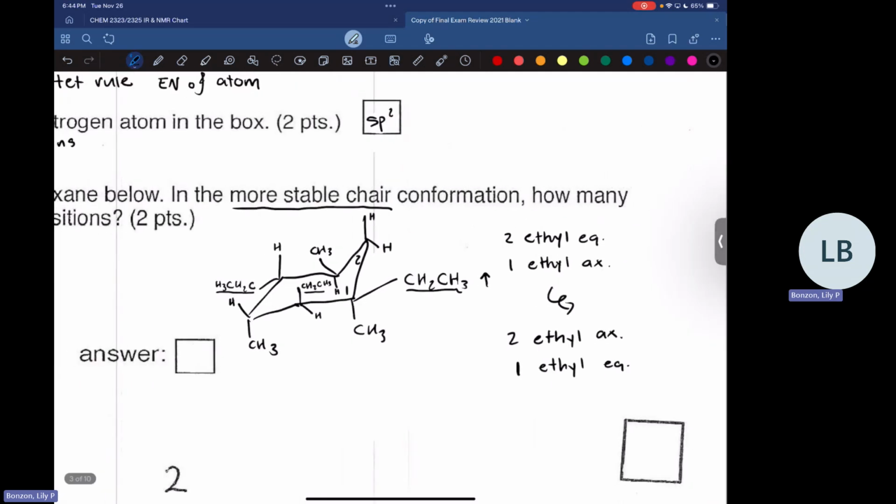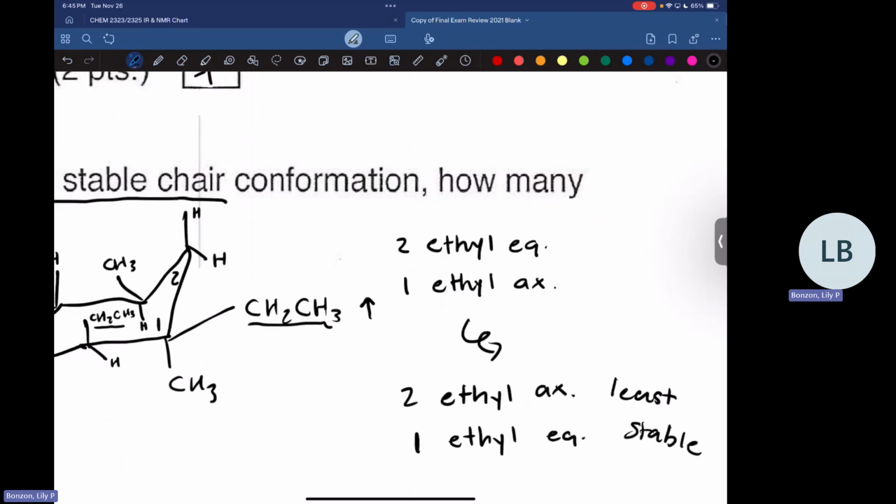So if we did that ring flip, this would actually be a less stable conformation because we have more big groups in the axial position. So the one that we drew ended up being the most stable.